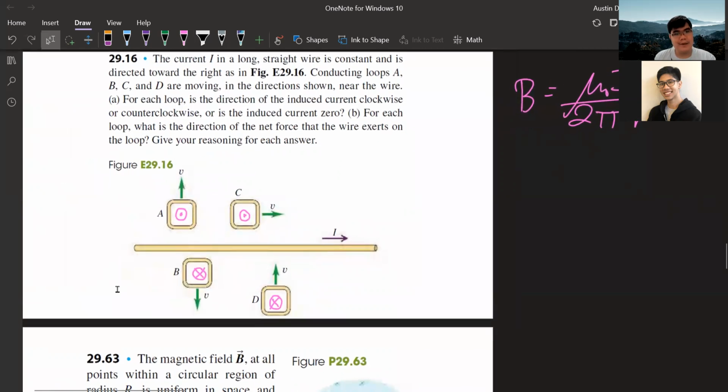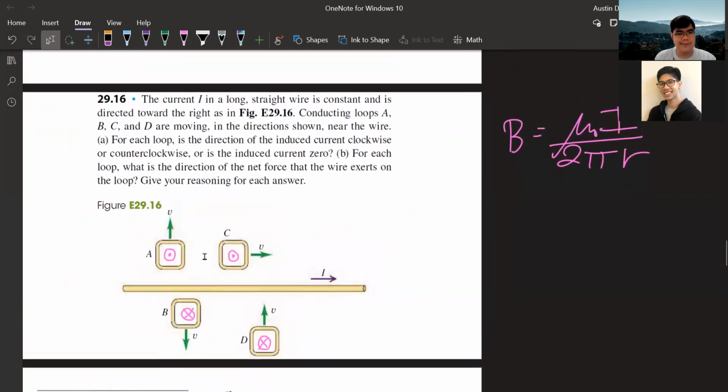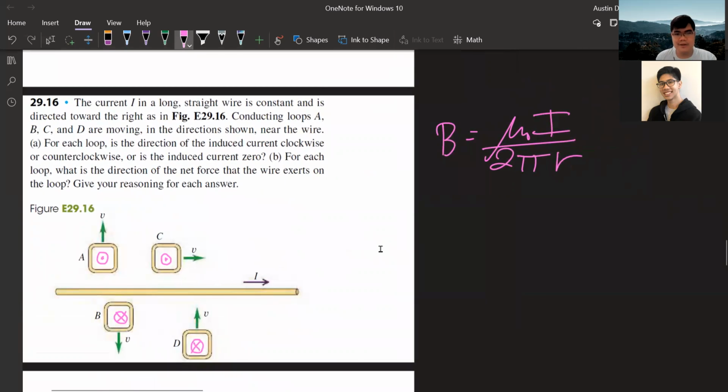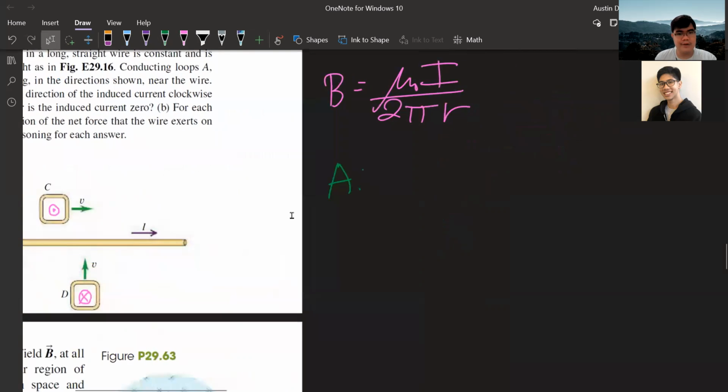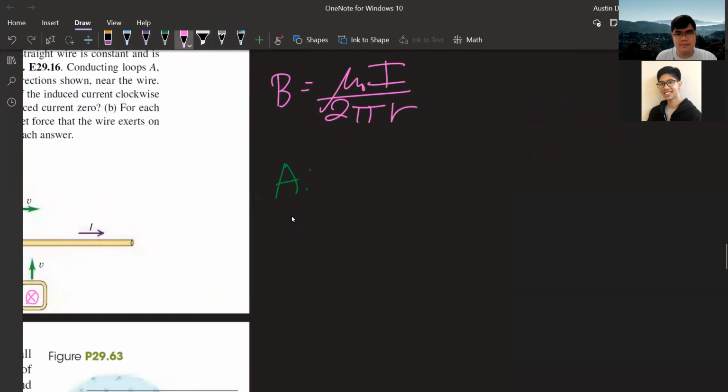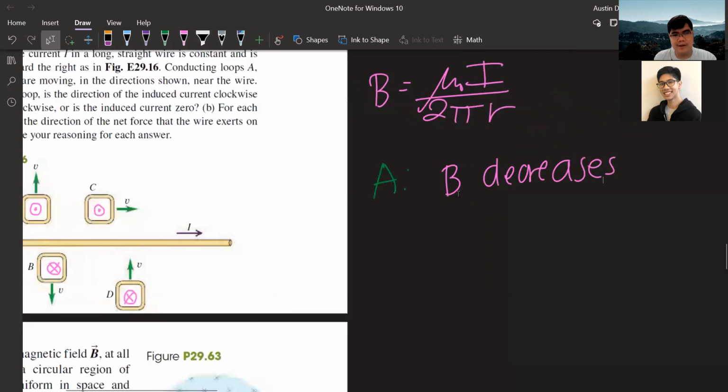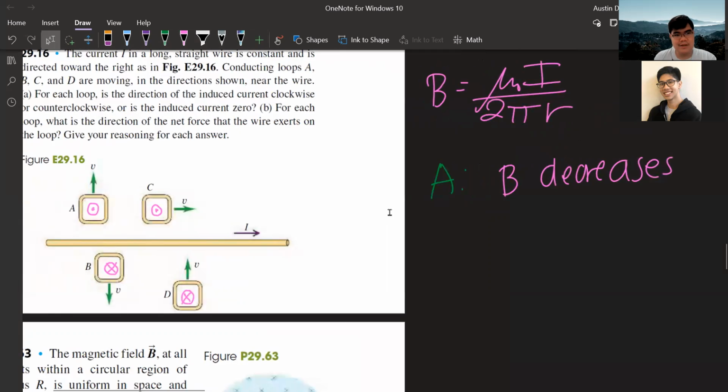Okay. So let's understand these motions. Let's start with A. Okay, so si A going away from the wire. Therefore, B decreases. So, nilipat ko sa pink, no? Kasi this is due to the field na galing doon sa straight wire natin. Okay?